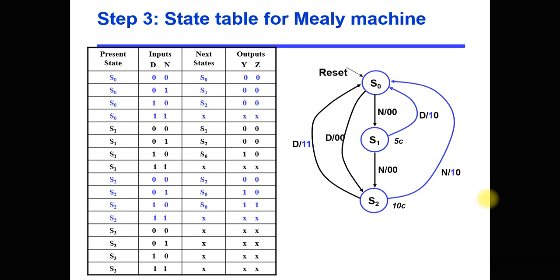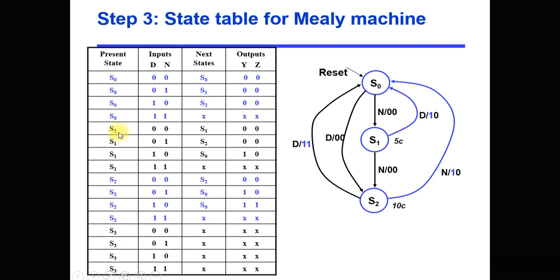As you can see in the following state table, if the state is 00, which is represented by S0, and we don't put any input, neither dimes nor nickels, our next state would be S0, or 00, and we won't get any output. But if 5 cents is added, it shifts to the next state, which is state 1, S1.